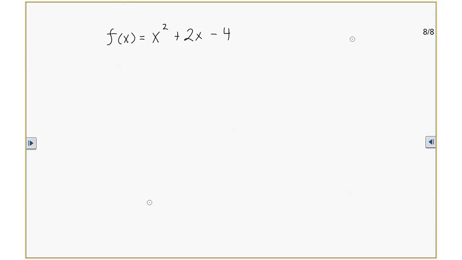Or you just looked at it. I'll tell you what the answer is. The answer is 2x plus 2, just like the last problem.